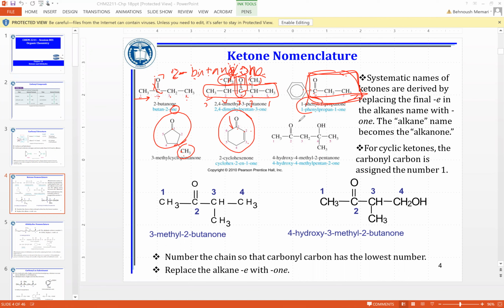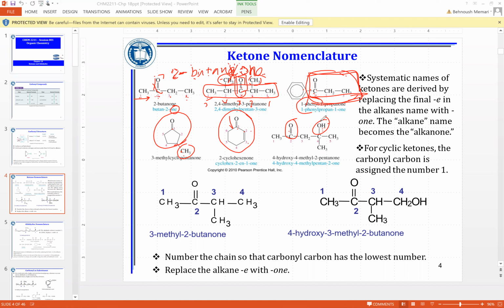You have multiple functional groups here, OH and CO. First thing you do, you decide which one takes the priority. The CO double bond is more oxidized than OH, so the ketone takes high priority over the alcohol. And so we have to number from the side that is closer to the ketone. We have to name the OH as a branch because it is not the functional group. We cannot name this as an alcohol anymore.